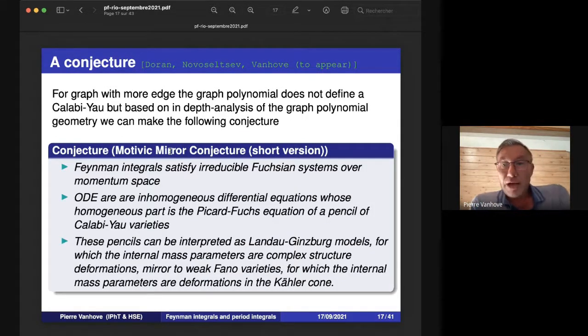So we have a conjecture with Chuck and Ray that the Feynman integral satisfies a reducible function system, that is, an inhomogeneous ordinary differential equation whose homogeneous part is the Picard-Fuchs equation of a pencil of Calabi-Yau varieties.